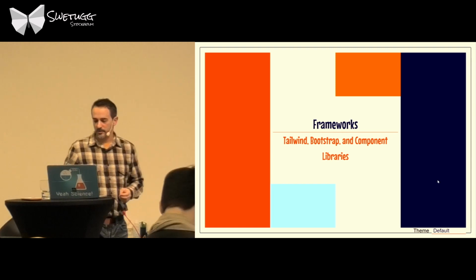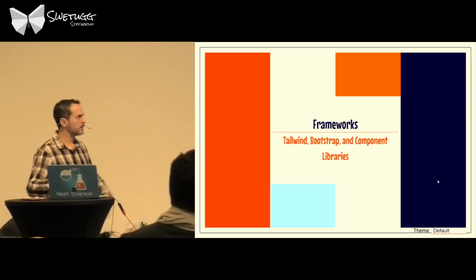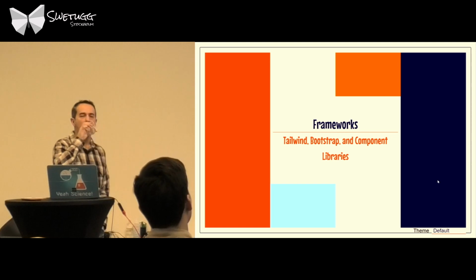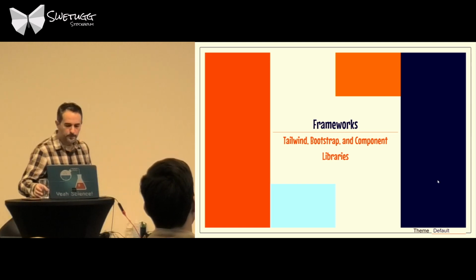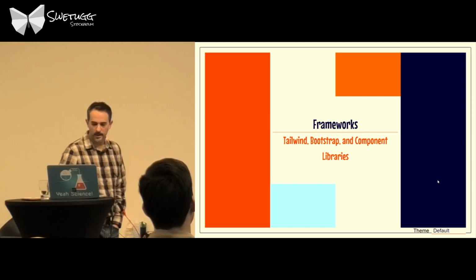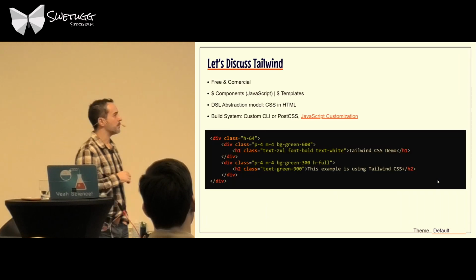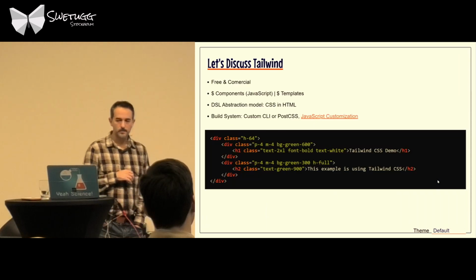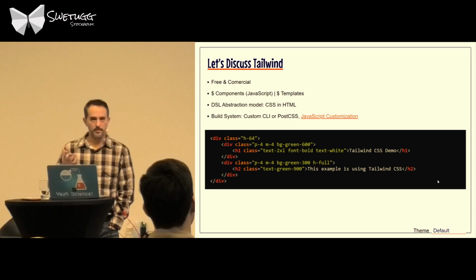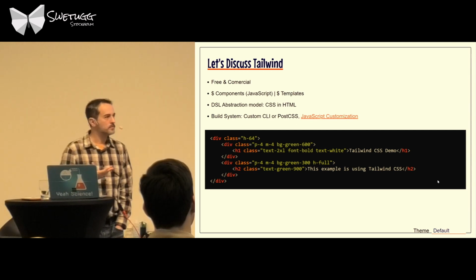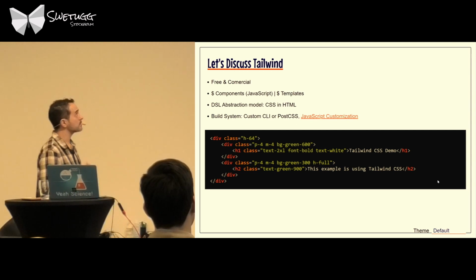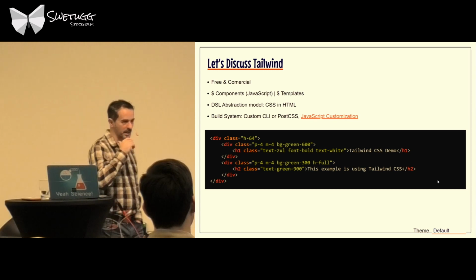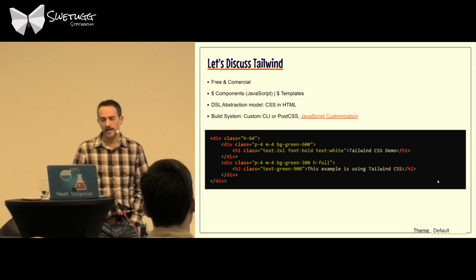Last thing I want to talk about is frameworks, and then we can dive into some code examples. So there's a couple main frameworks out there these days. Tailwind is one that's gaining popularity. I'll just talk about some of the aspects of it first.